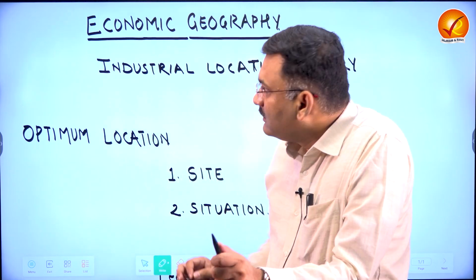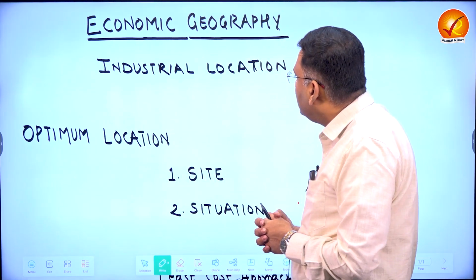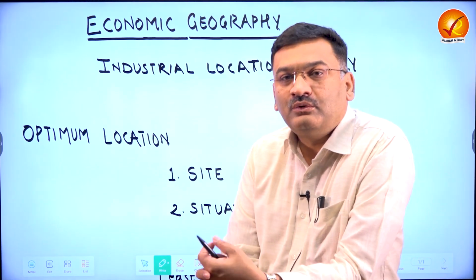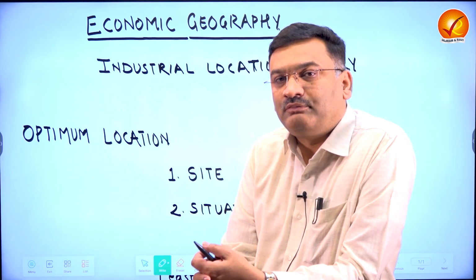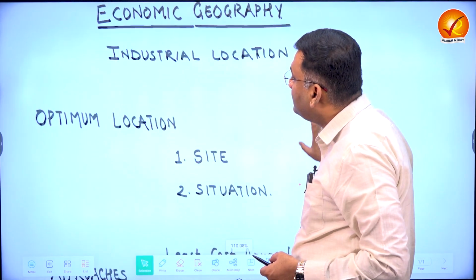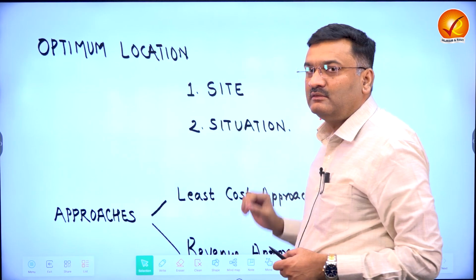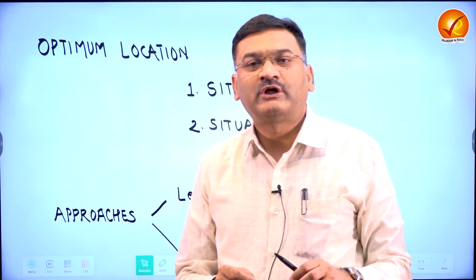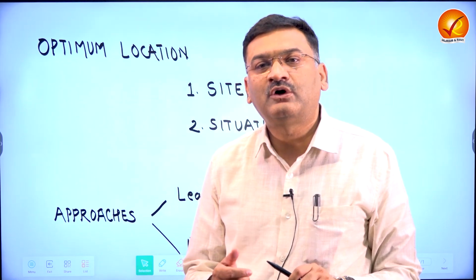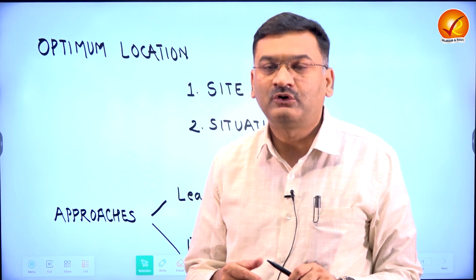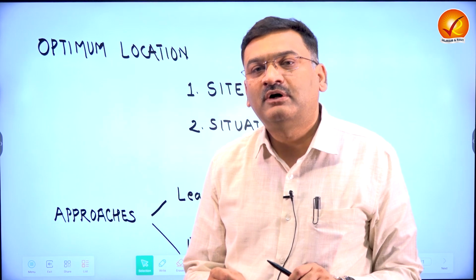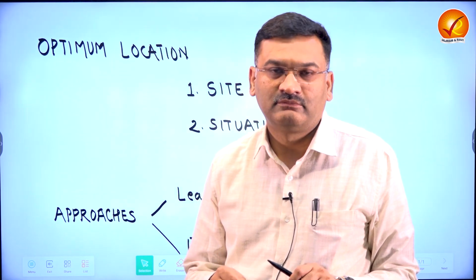Industrial location theories are related to finding out the optimum location of industries. What do you mean by an optimum location? Optimum location means where this economic activity can be best placed, where it can flourish, and where the objective of the economic landscape is fulfilled.